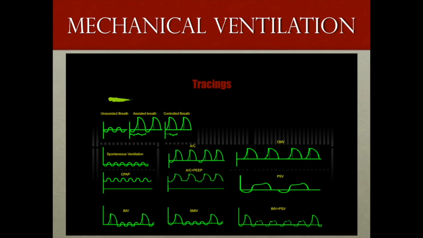It is very common, to help overcome the increased resistance associated with endotracheal tubes, to apply pressure support to the spontaneous breaths in between the intermittent breaths in intermittent mandatory ventilation. So you can see on the bottom what is really SIMV plus PSV.